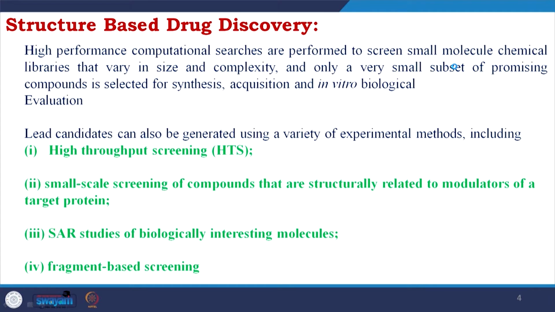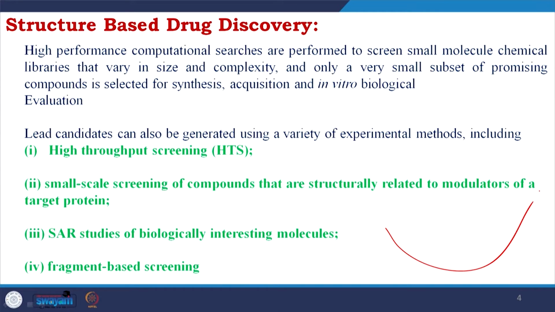Then small scale screening of compounds that are structurally related to modulators of a target protein, structure activity relationship studies of biologically interesting molecules, and fragment based screening. Fragment based screening has changed and brought a huge success in the field of drug discovery. Let me explain this. Suppose this is the protein, the receptor, and you have the active site here.